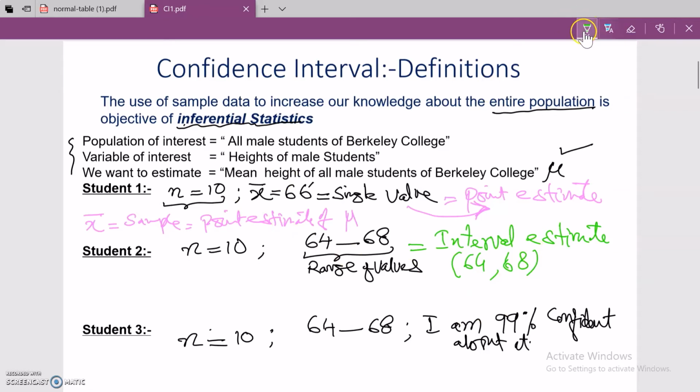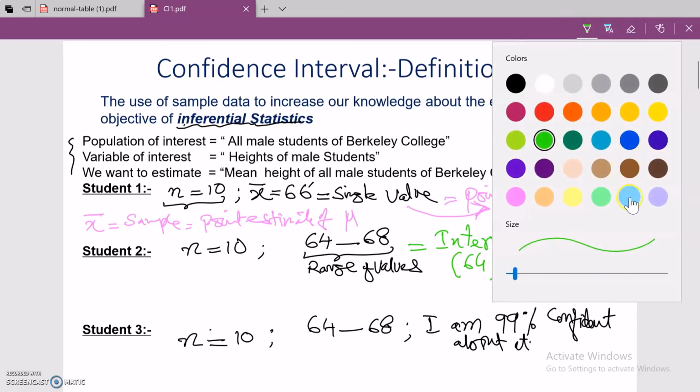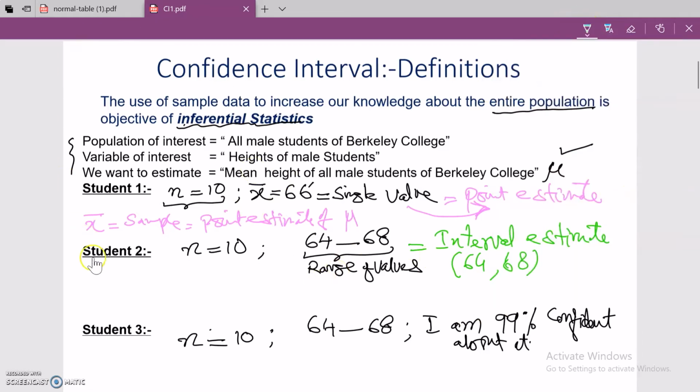Now look at the answer of the third student. The third student says, I think the average height of all the students is between 64 and 68, and I am 99% confident about it. He not only gave me an interval estimate, but on top of this, he gave me a confidence level.